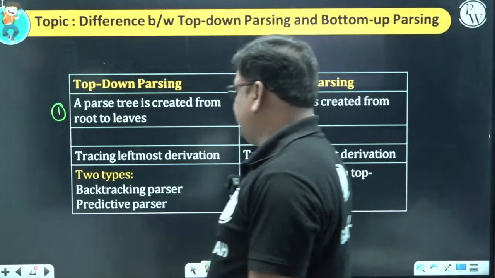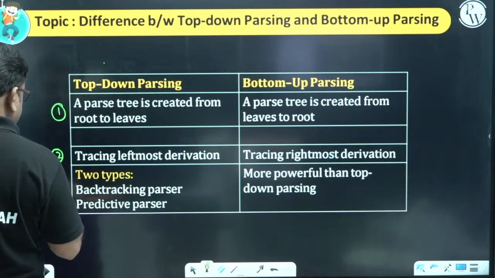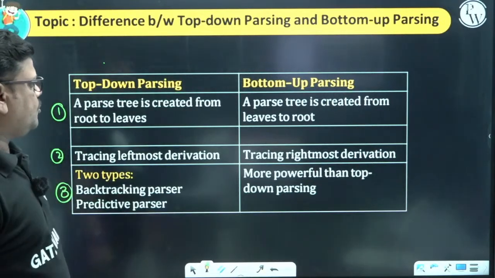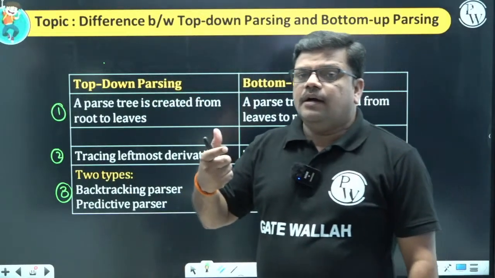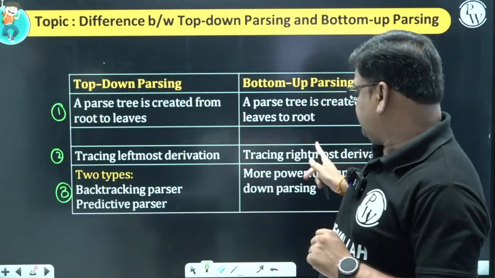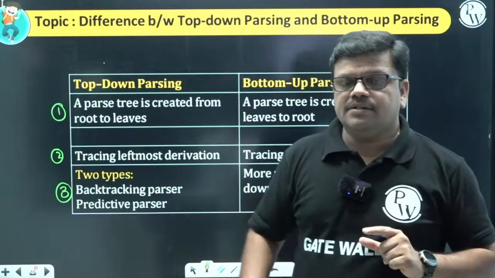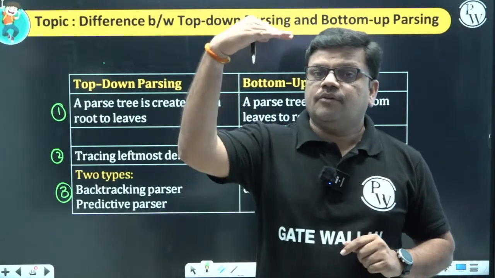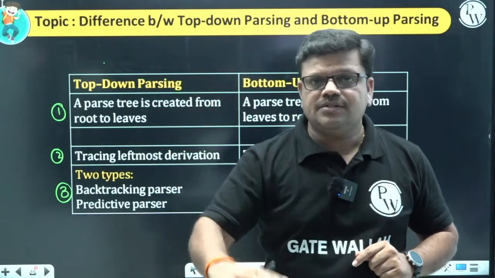So we can see three differences between the top-down parser and the bottom-up parser. First is power: bottom-up is more powerful, top-down is less powerful. The second difference is tree construction. The top-down parser starts at the top, that is the starting symbol, going till the string.